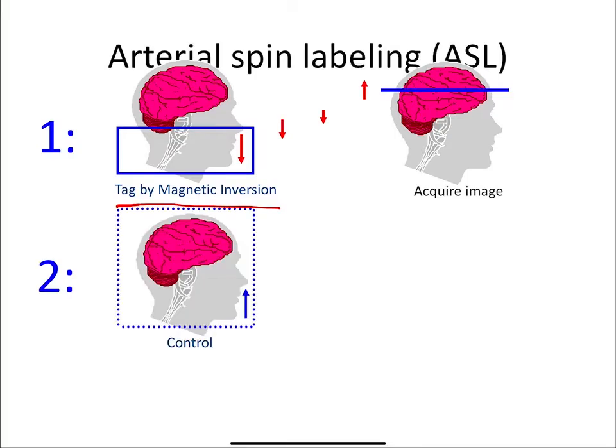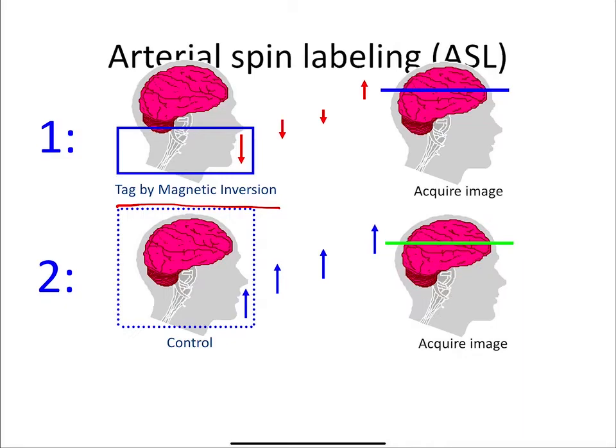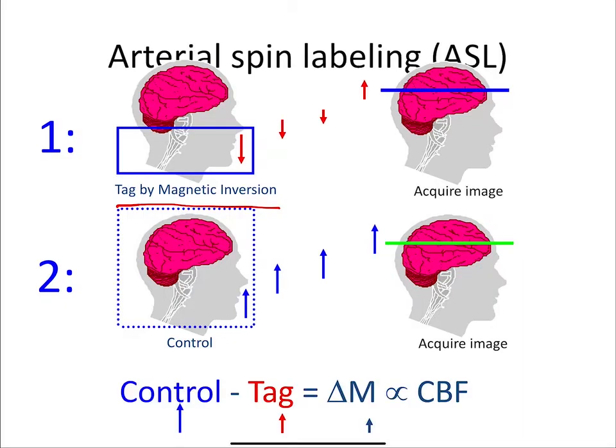Then I do a second image called the control image, where I don't invert the spins, and that is just fully relaxed. The key behind ASL is the difference between the control and tag images is proportional to how much blood was delivered. So traditionally ASL is always done as a difference between a control and a tag image.